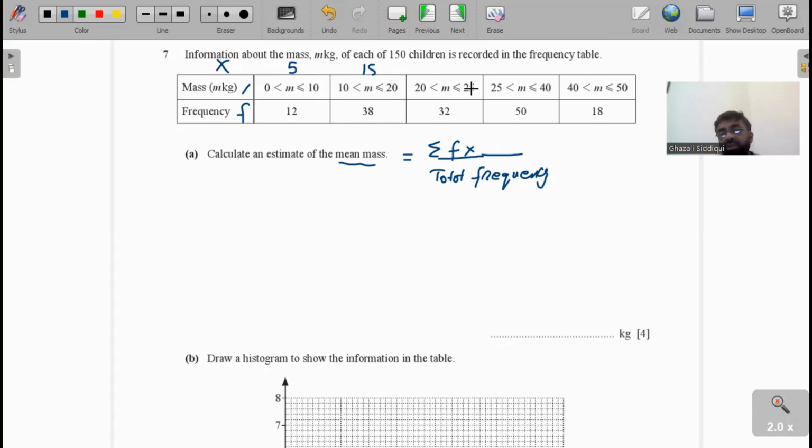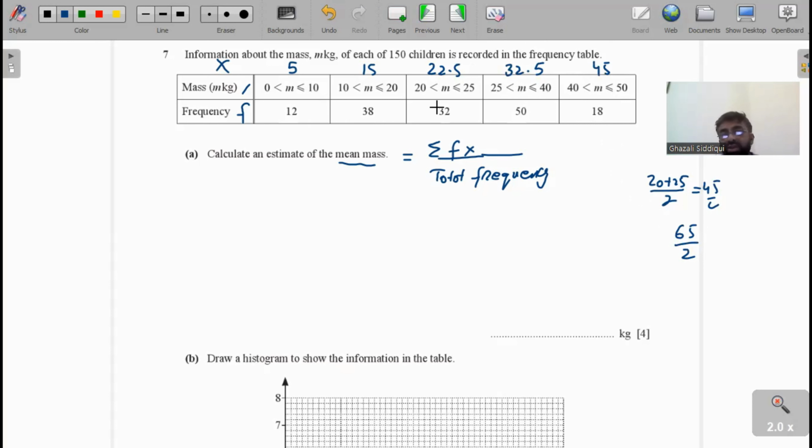Same as 20 plus 25 over 2, that is 45 over 2, which is equal to 22.5. And same as 25 plus 40, 65 over 2, that is equal to 32.5. And same as 40 plus 50, 90 over 2 is 45.